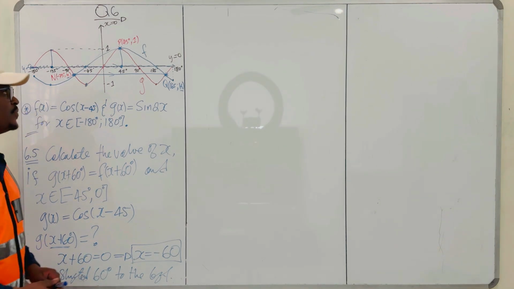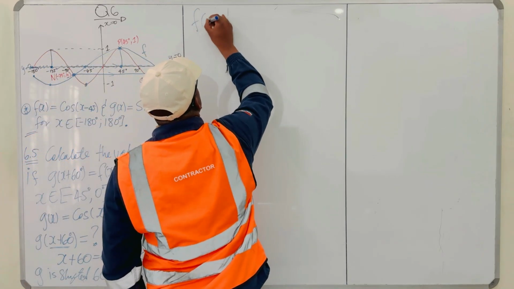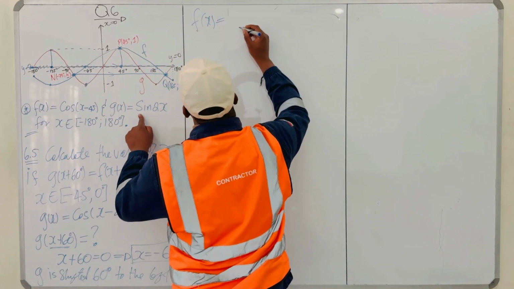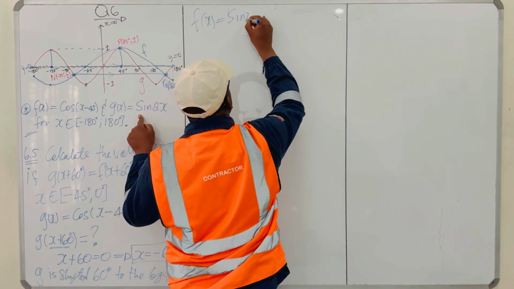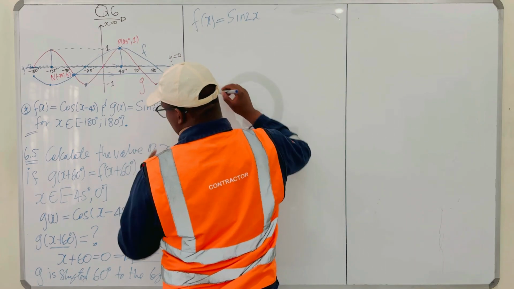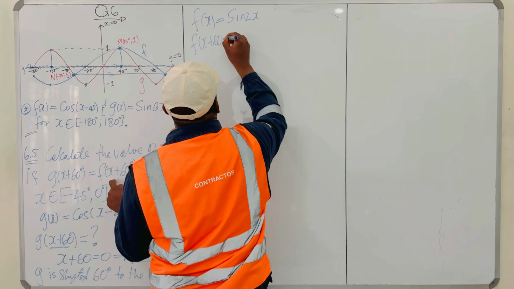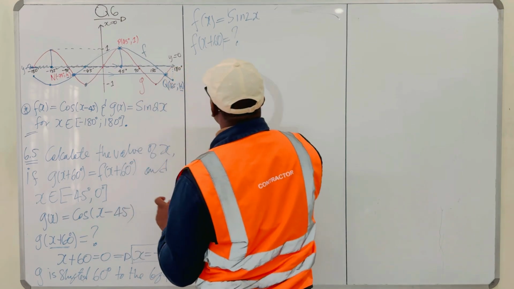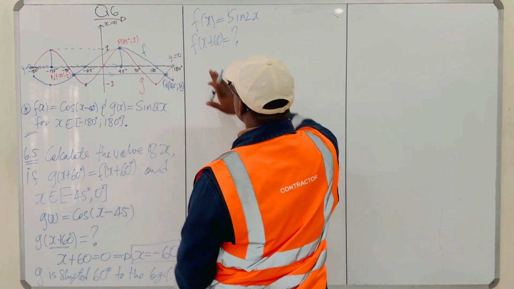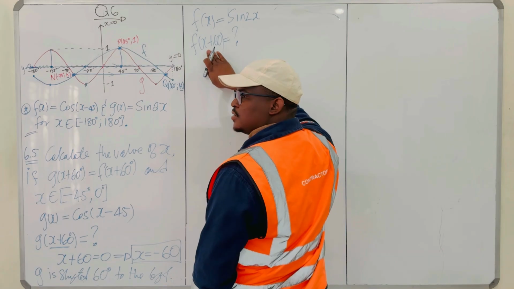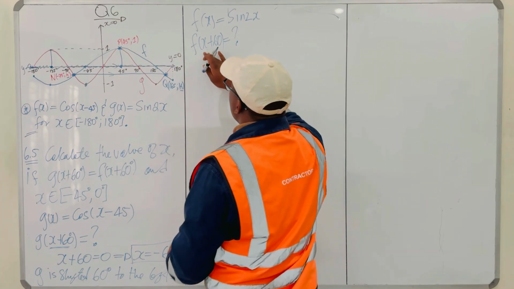Right? No problem. You had f of x, and your f of x was equal to sine x, right? Now you have f at x plus 60 degrees. What does this mean again? The same thing as that, which means your function has been shifted horizontally, left or right, but you don't know which. How do you know?